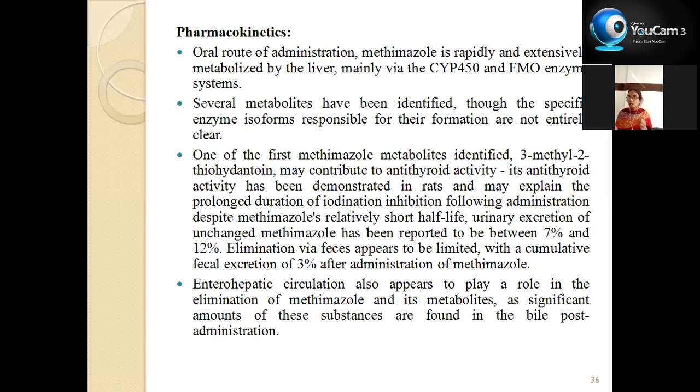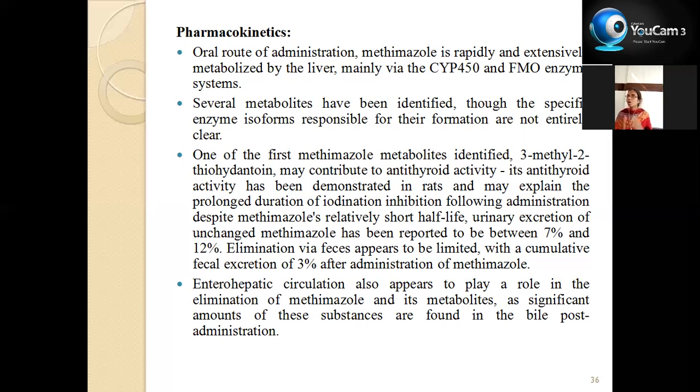Its activity has been demonstrated in rats and may explain the prolonged duration of inhibition of iodination following administration. It has a short half-life. Urinary excretion of the unchanged form has been reported at 7% to 12%. Elimination through the feces appears in limited form.